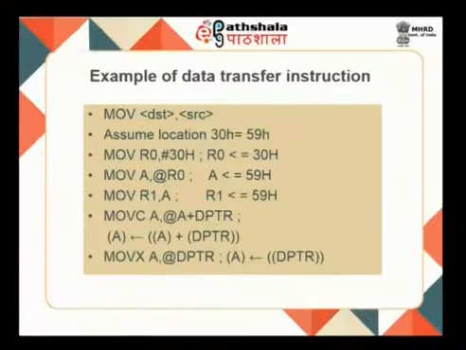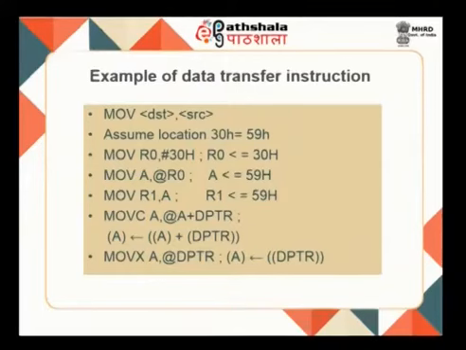Then I need not search anywhere, since I have the data in the instruction itself and move it immediately, so it takes very little time to execute. I have given some example data transfer instructions which help us go through how data transfer is done through the MOV mnemonics.